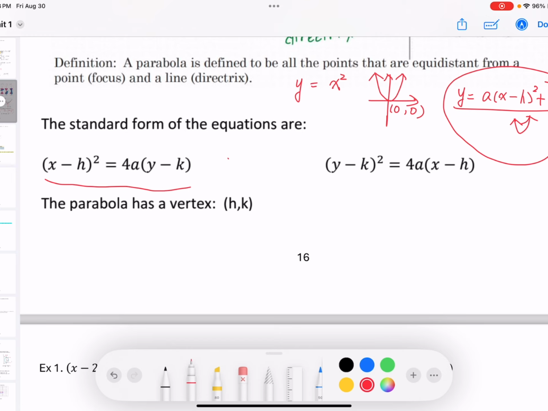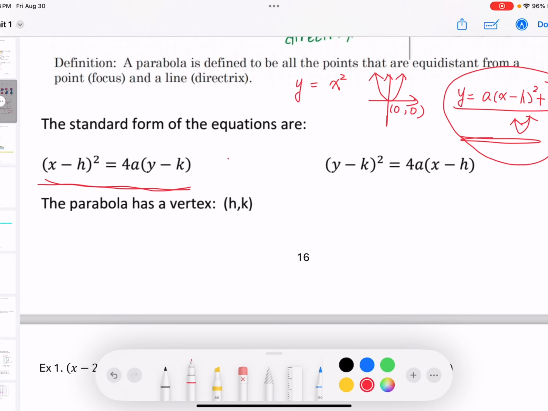We move the k to the other side and put the 4a in front of the y minus k. So they are the same thing, just a different version, and they represent the same thing, a parabola.